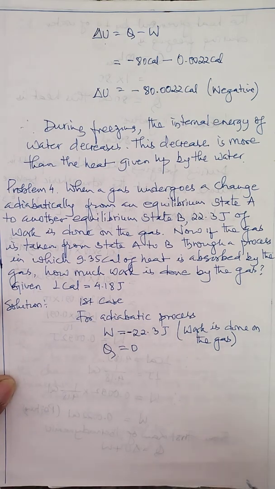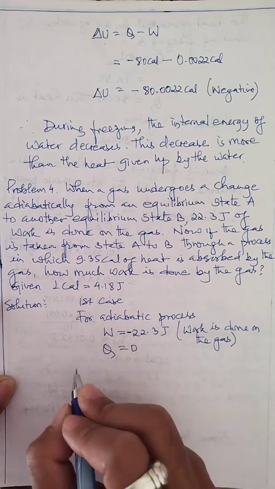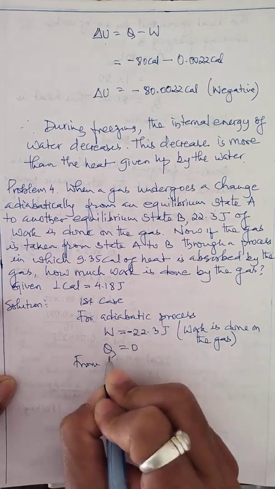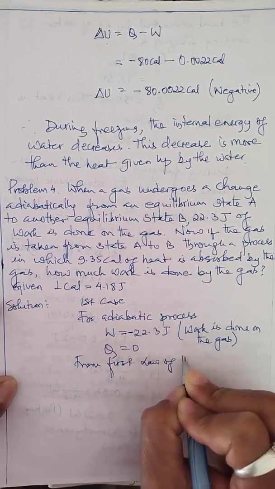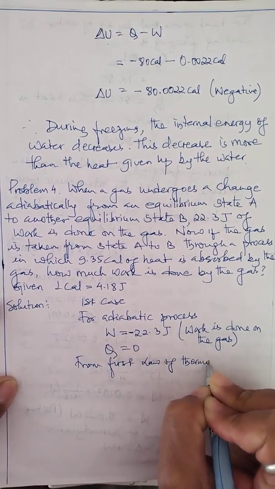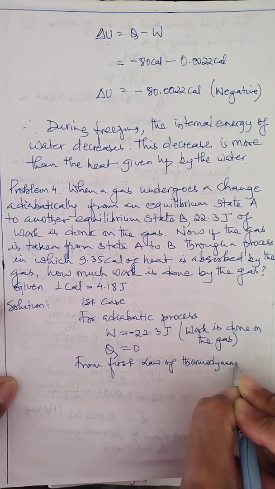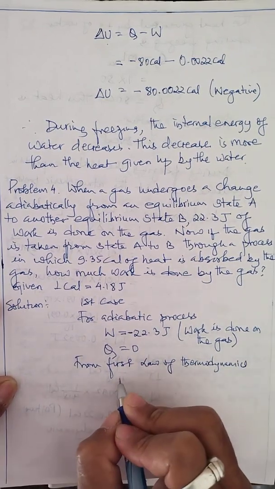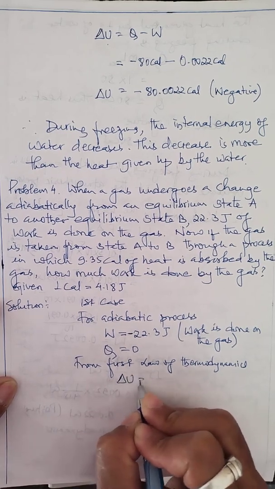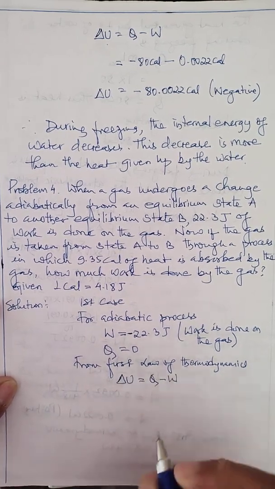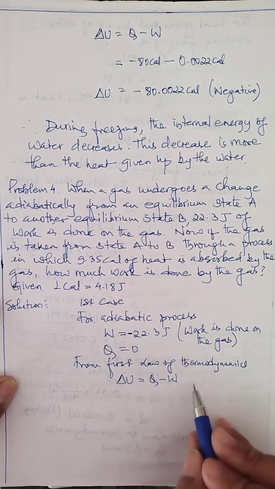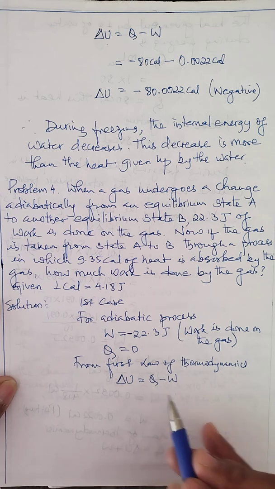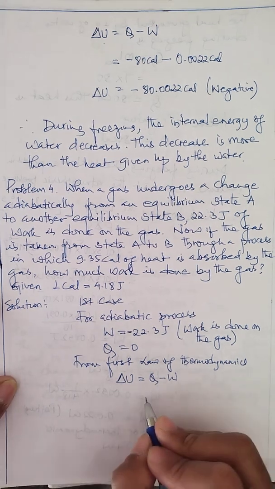Under this condition, we can calculate the change in internal energy, and to calculate it I use the first law of thermodynamics. From the first law of thermodynamics, I can write directly delta U equals Q minus W. So we can write the expression of internal energy in terms of Q and W by the relation delta U equals Q minus W. Let me substitute the values.